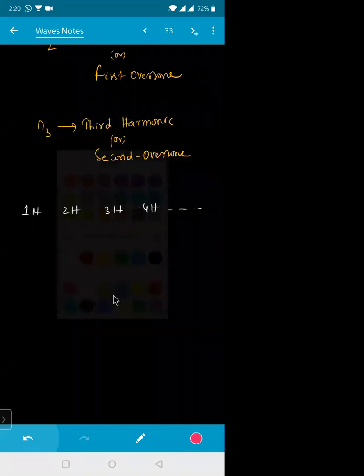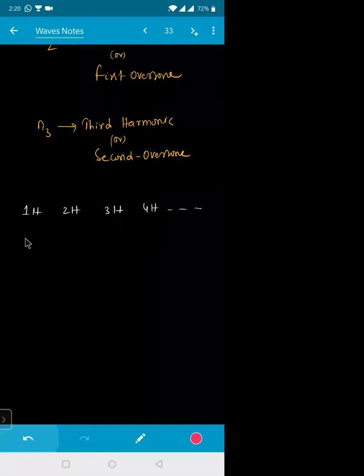First harmonic means what overtone, beta? This one is zero overtone. This one will be first overtone. This will be your second overtone. And this will be your third overtone. Is it clear? Yes, sir.